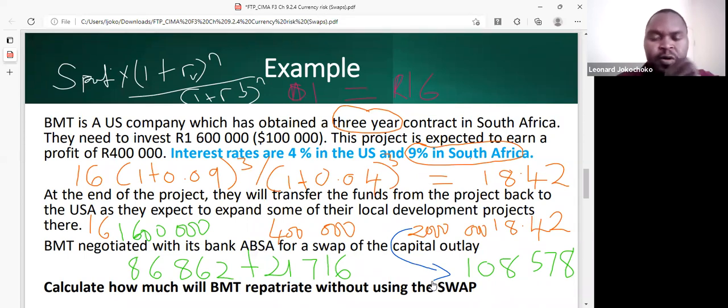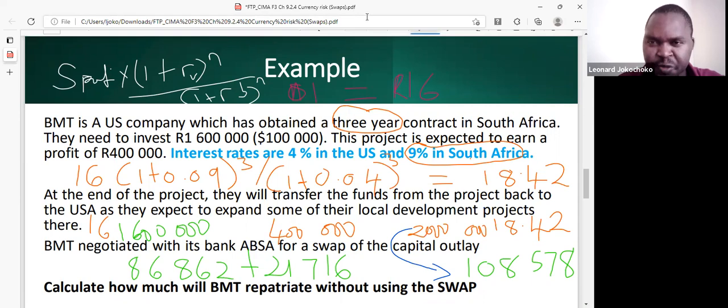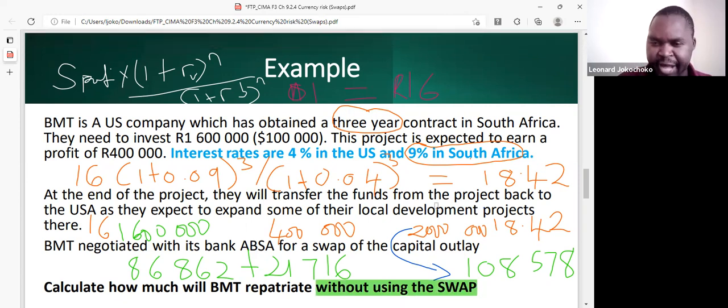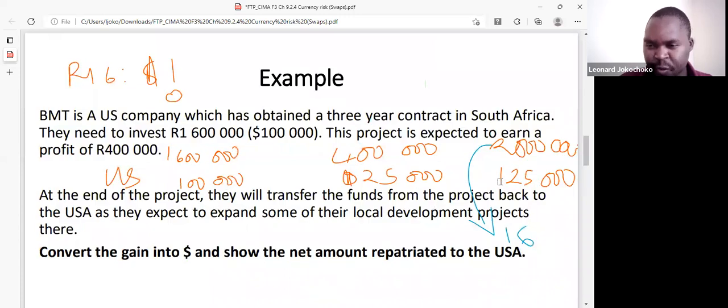Right. So we see that if you don't use the swap, then you are going to receive less money. Earlier on, in our previous slide, we did see that you are going to repatriate $125,000. That is if there was no exchange rate.